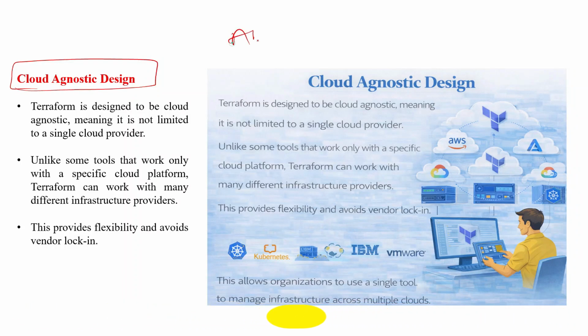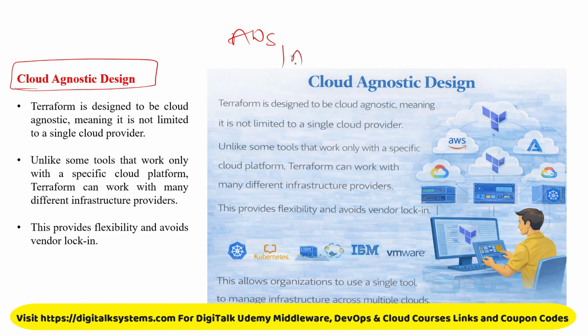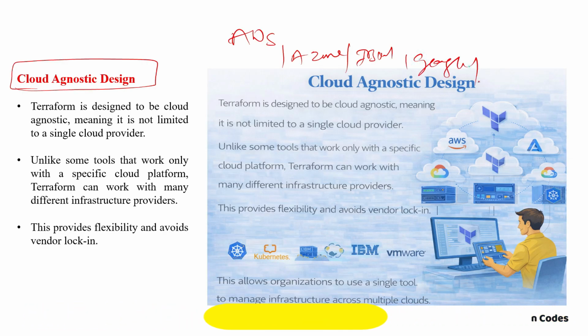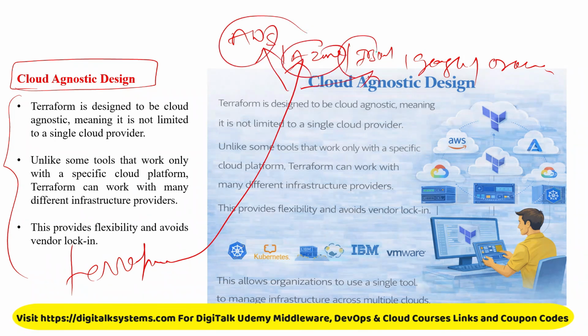We know that we have multiple cloud service providers in the market: AWS, Azure, IBM Cloud, Google Cloud, Oracle Cloud. Terraform is not tied to any particular one. You can use it for any of the cloud service providers.